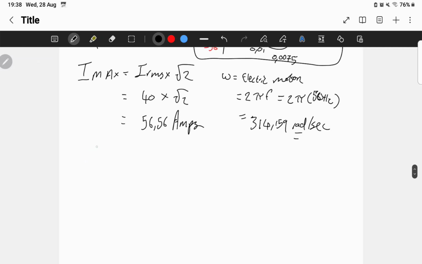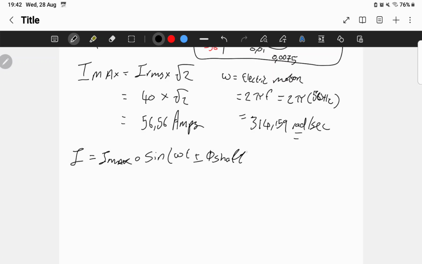So our equation is going to be I is equal to the maximum multiplied by sine of wt plus or minus the phase shift.